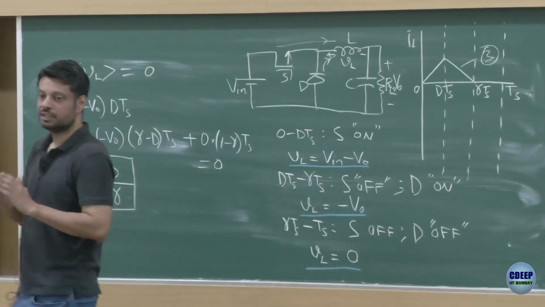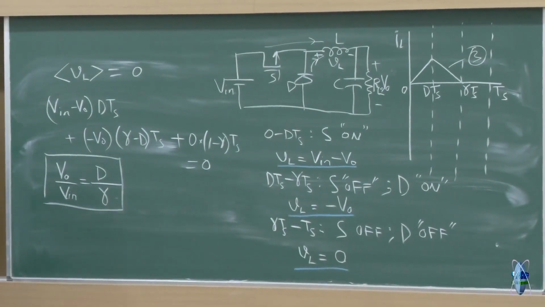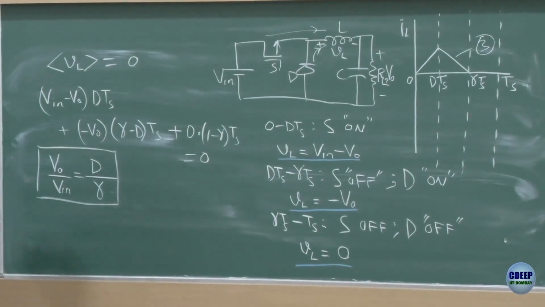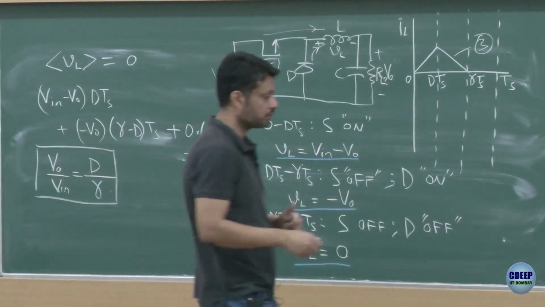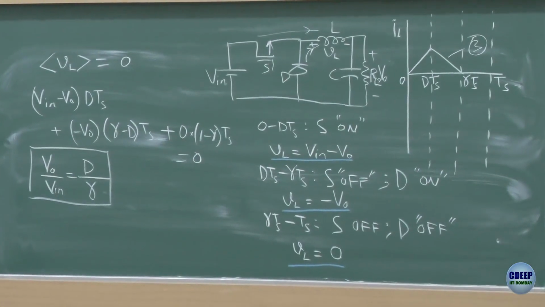While going from 2 to 3, would the output voltage change? Yes. Will it increase or will it reduce?